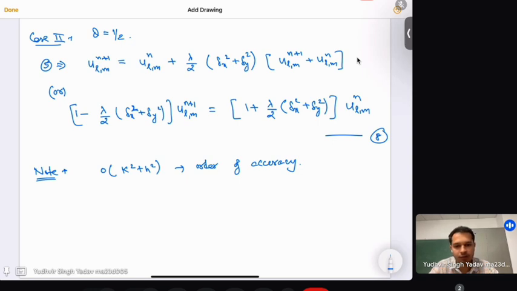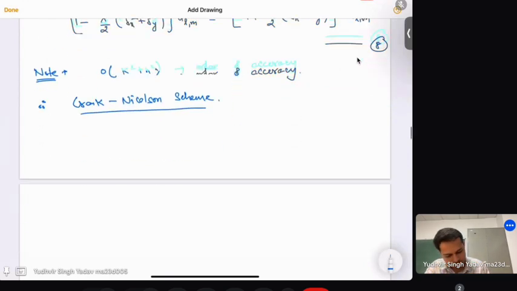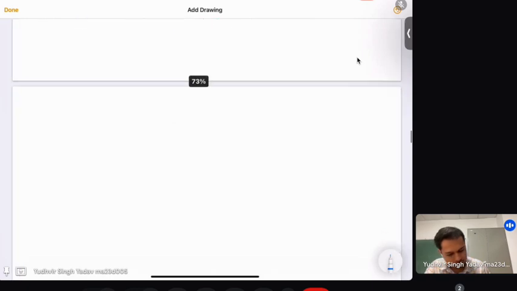One will arrive at this order of accuracy. Also, this equation number 8 is known as the Crank-Nicolson scheme for the two-dimensional heat equation. Now we will talk about the stability.